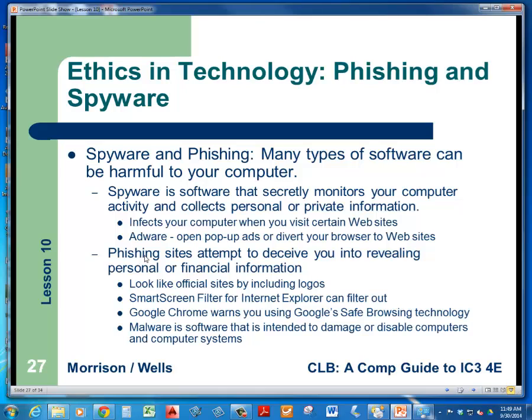And then phishing sites come in through your email, or when you're out there on the internet looking around and you decide you want to order something or you're looking for something. It'll look very official.